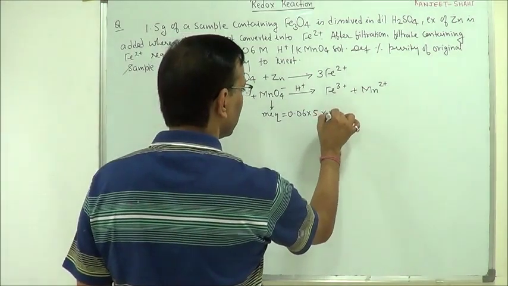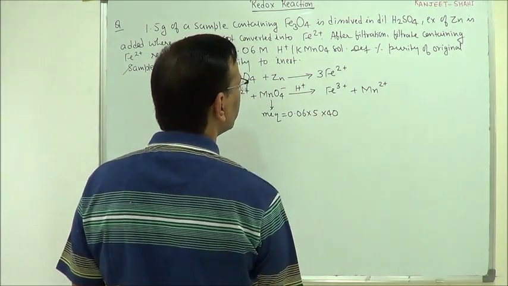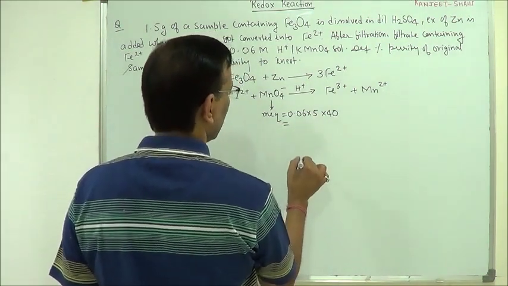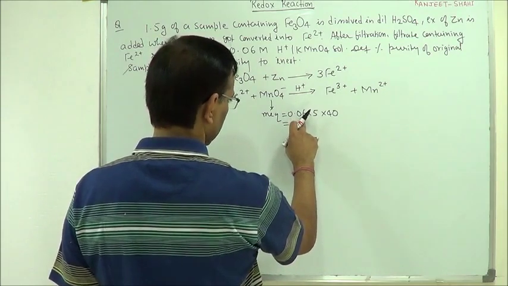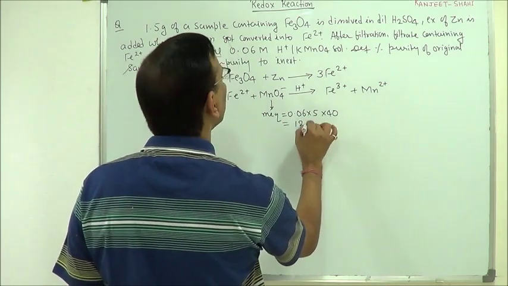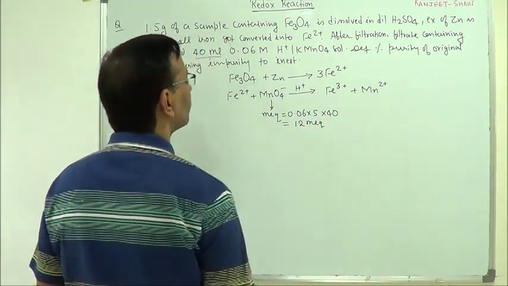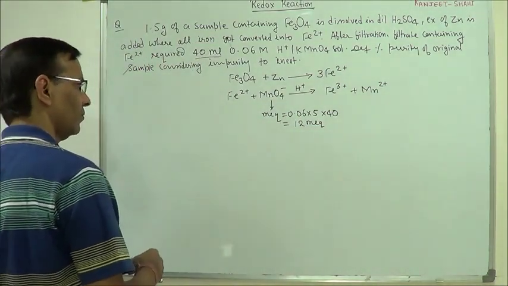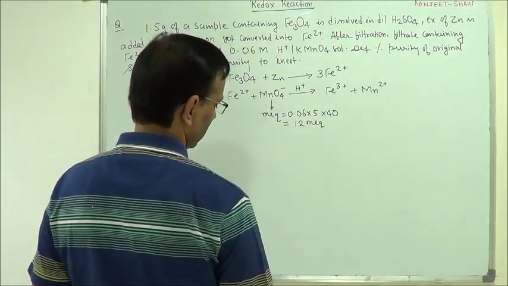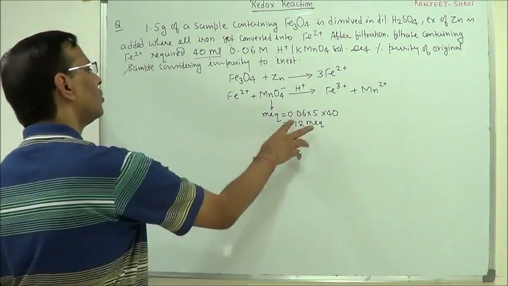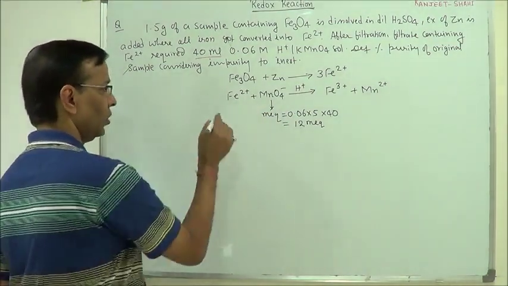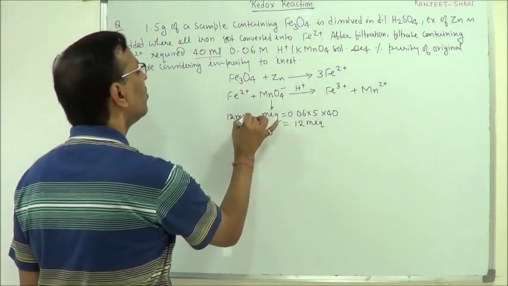So into 40, normality into volume, it will be 0.06 into 5, 0.3 into 40, 12 milliequivalent, right? So 12 milliequivalent of potassium permanganate will oxidize 12 milliequivalent of ferrous iron. So its milliequivalent will also be 12.